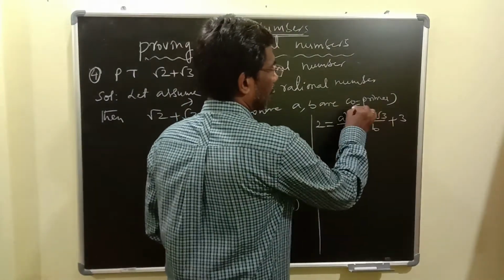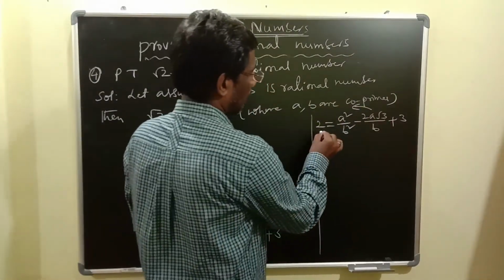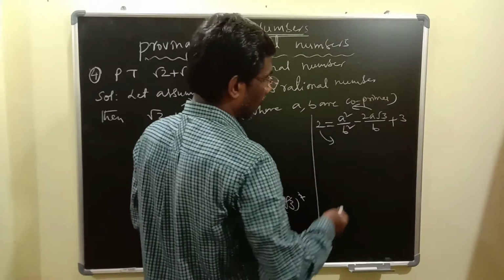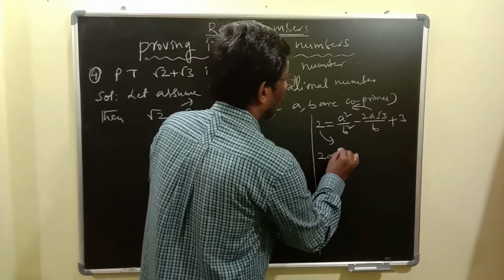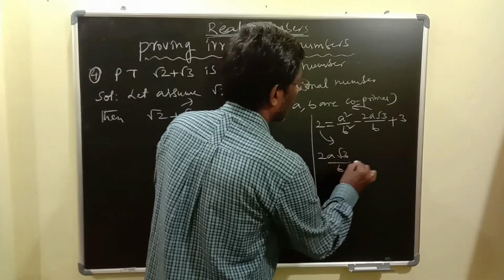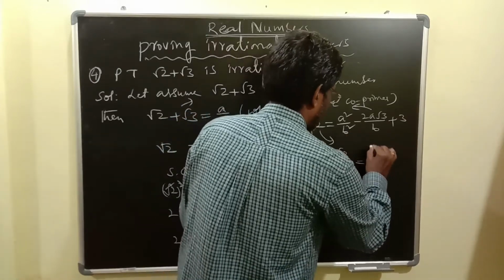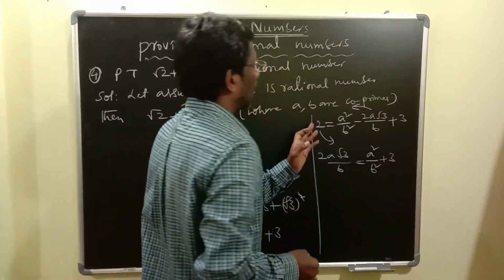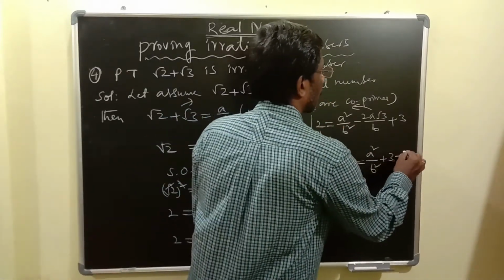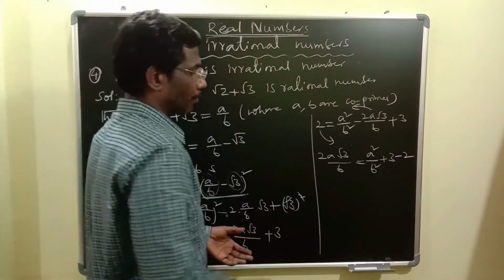Now transfer this term to the left side. This 2 is to the right side. This minus term becomes plus. 2A root 3 by B is equal to A square by B square plus 3, and this plus 2 transfer to the right side as minus 2.